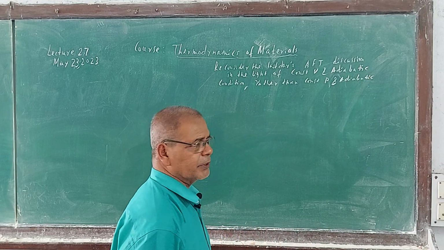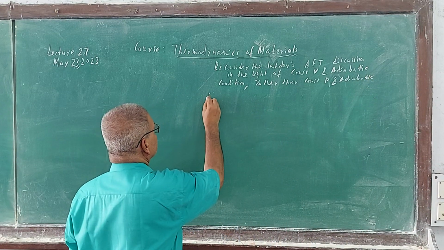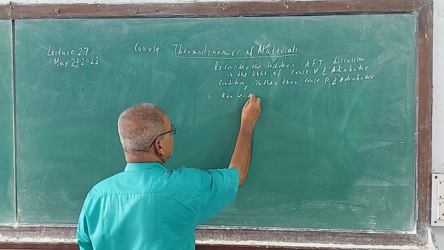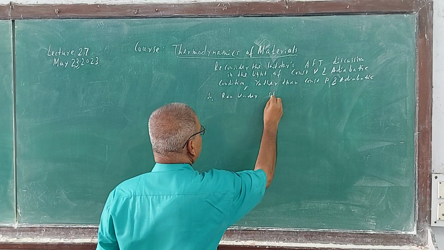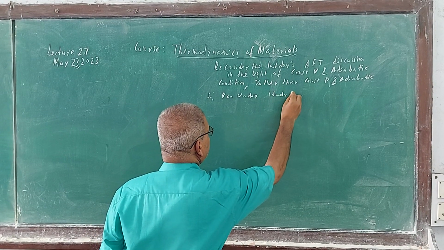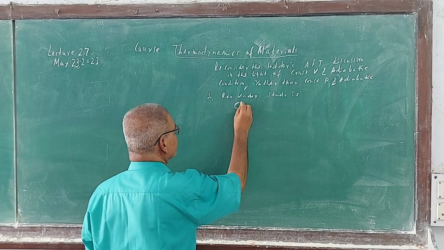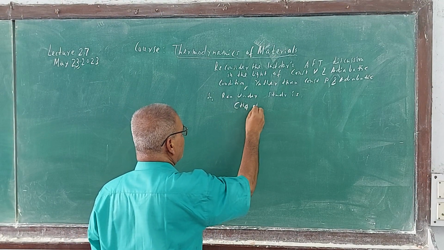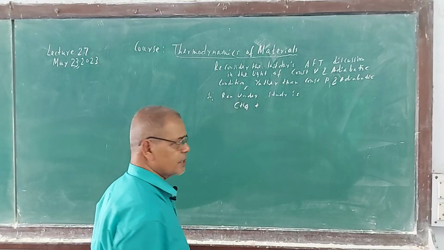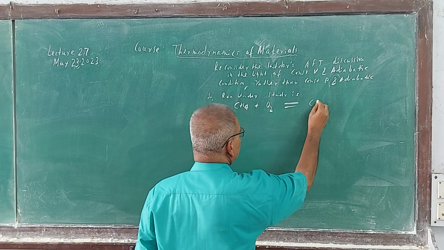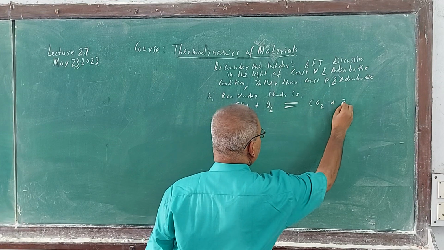So what is the reaction? The reaction under study, I write, is the same reaction I am considering. Fuel is CH4 burned with oxygen: CH4 plus 2O2 goes to CO2 plus 2H2O.